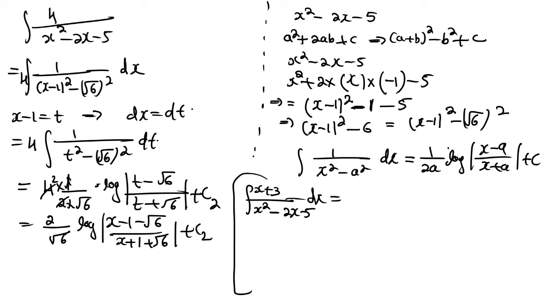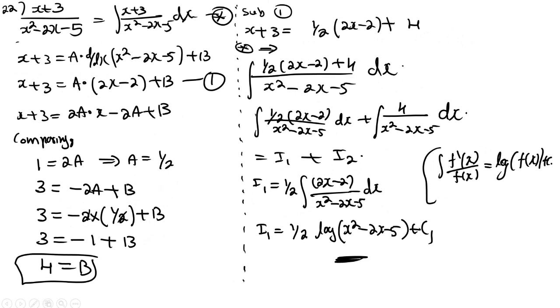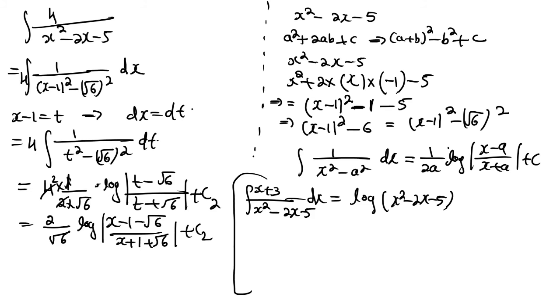I1 value is 1 by 2 into log of x square minus 2x minus 5, which we calculated. And I2 value is 2 by root 6 into log of x minus 1 minus root 6 divided by x plus 1 plus root 6. c1 plus c2, take it as plus c.